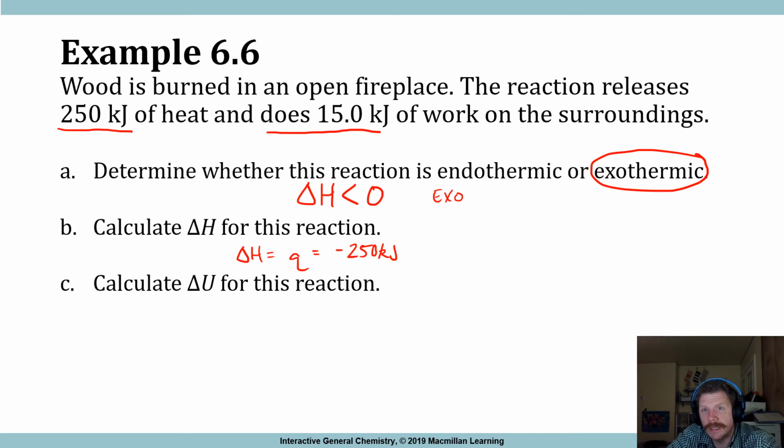The reaction releases heat, and I used that to give me this negative value here. So for an exothermic reaction, your delta H is going to be less than 0. Heat is being lost from that system. So the reaction releases 250 kilojoules. Whenever you're defining that in terms of a delta H value, that's going to be a negative number.